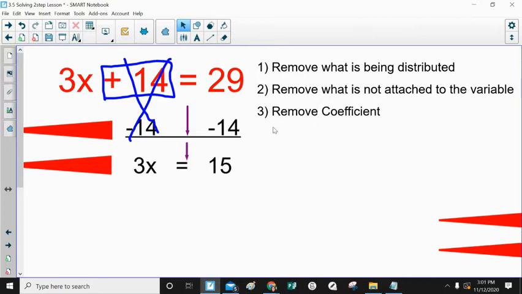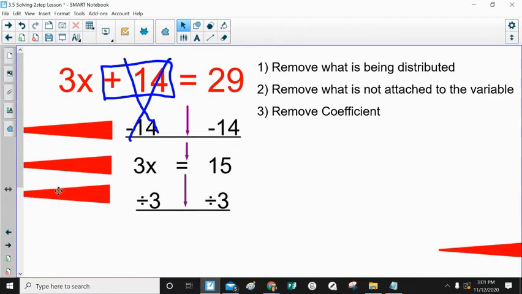Well, now I have to take care of the last step, remove the coefficient. So the coefficient for this problem is 3. I'm going to remove it by division because coefficients are basically multiplication between a number and a variable. Or in other cases, I could be multiplying two variables together. So I divide both sides of the equation by 3.